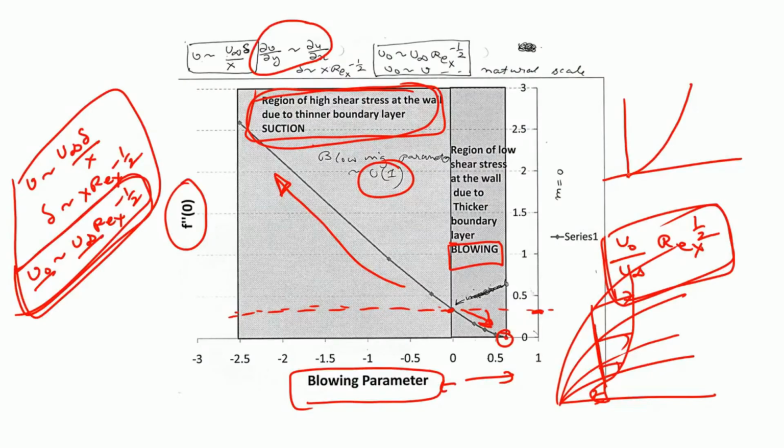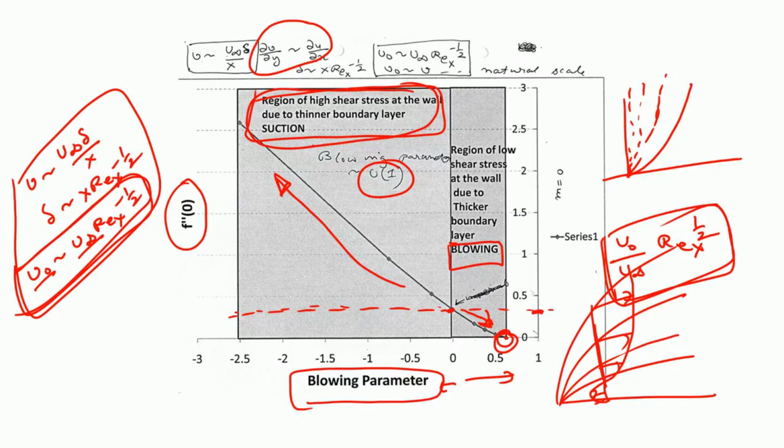This is the original one, this will be the one after some time, and this after some more time. So at one point this particular point will actually separate. That is the reason why with blowing you cannot go to high levels, because you will separate the boundary layer.